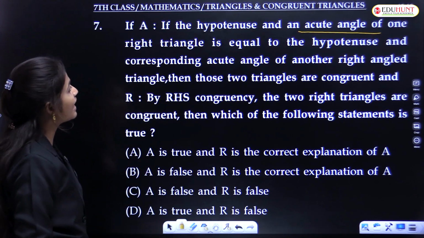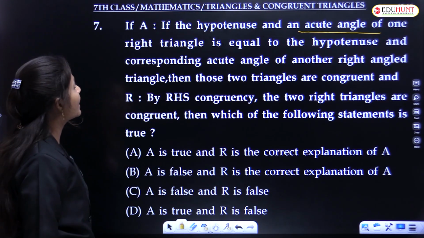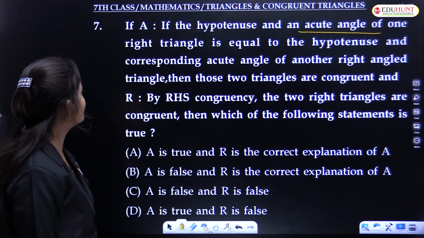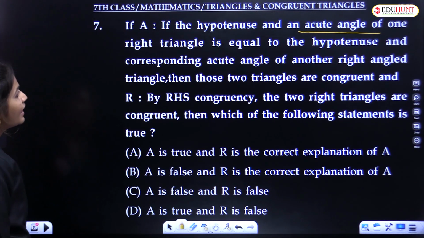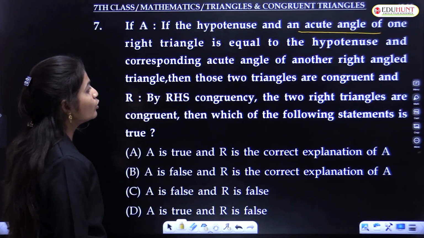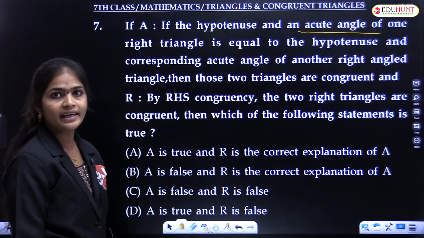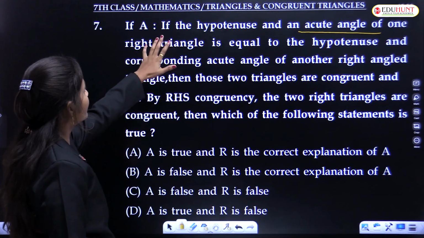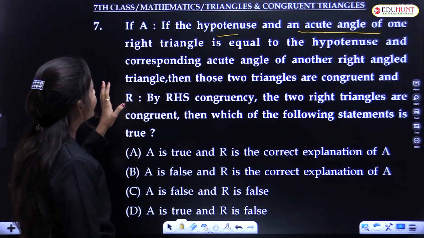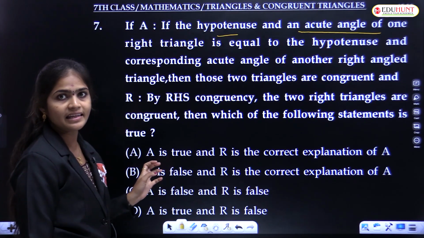Here they are saying that the hypotenuse and acute angle of one right angle triangle are equal to the hypotenuse and corresponding acute angle of another right angled triangle, then those two triangles are congruent.